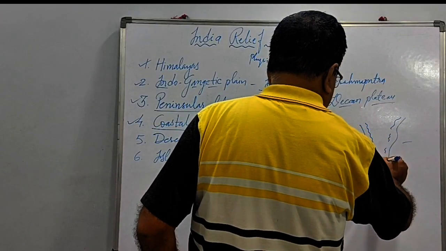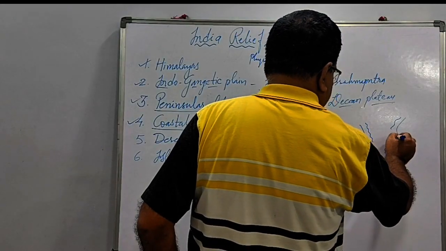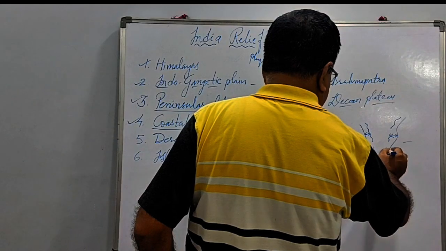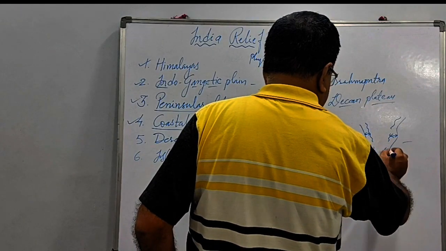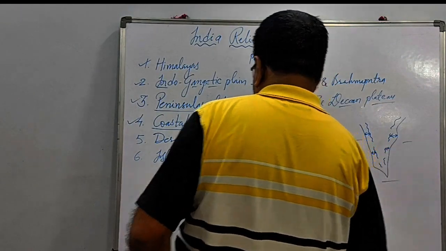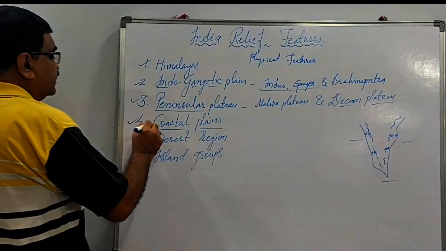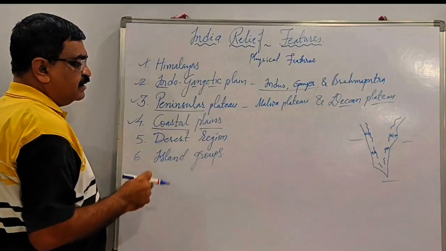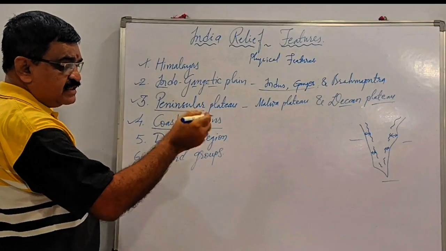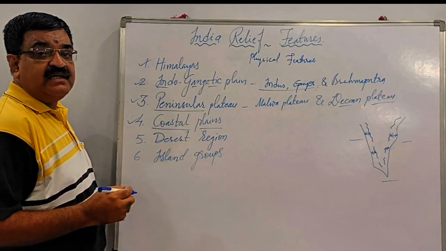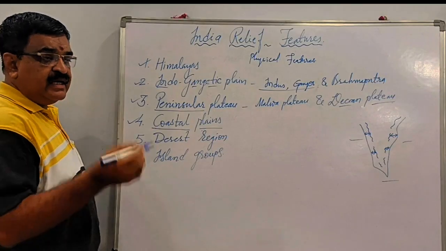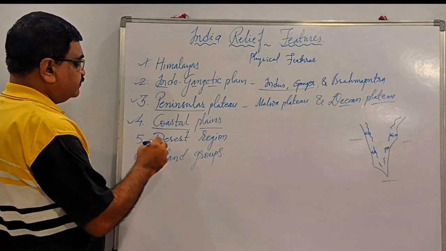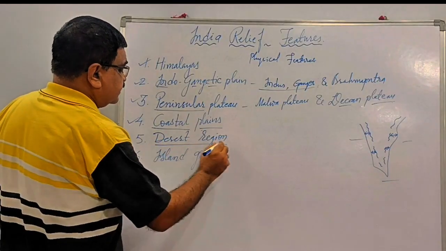Whatever area is situated between the coastal area and the Western Ghats and Eastern Ghats, those are called coastal plains, which are very near to the sea and are affected by the total changes which occur in the sea throughout the year, the month, the week, the day.